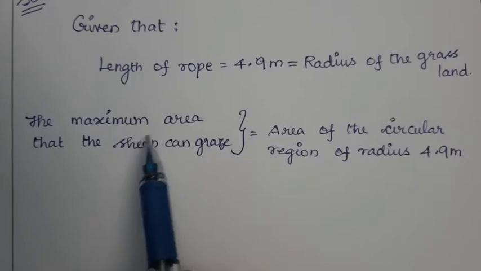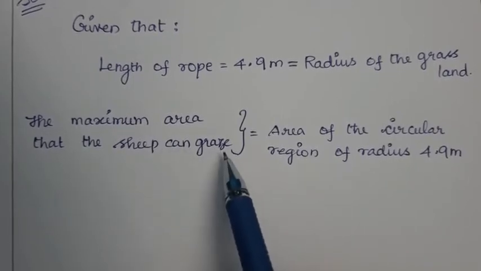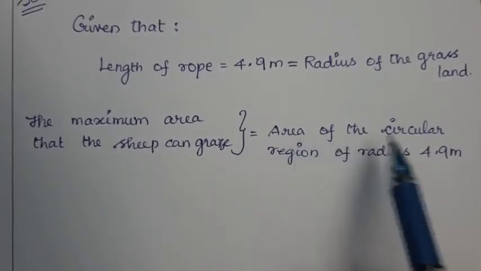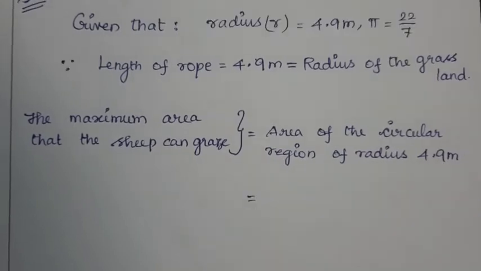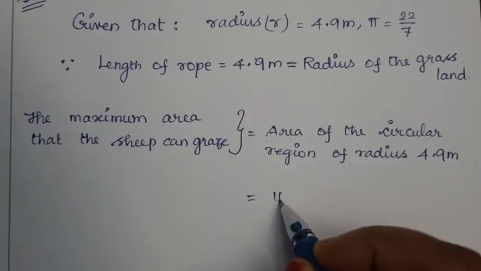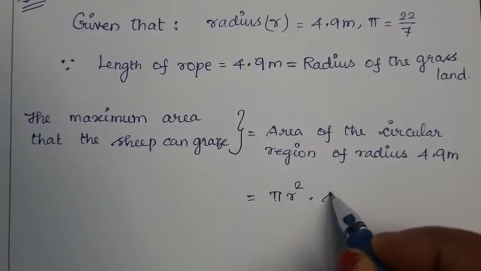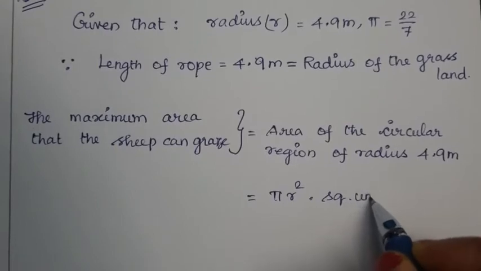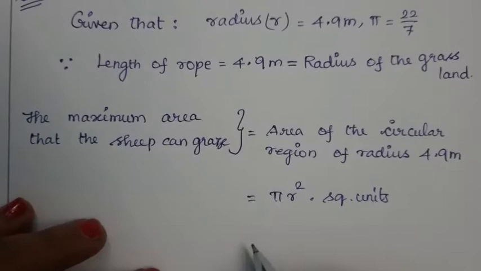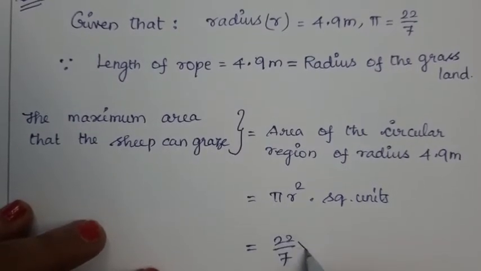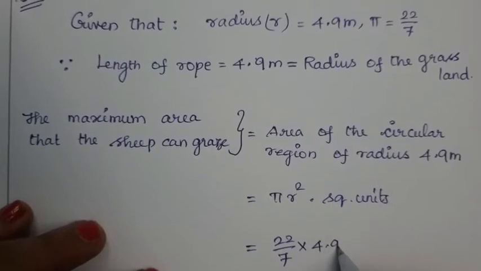To find the maximum area that the sheep can graze, which is equal to the area of the circular region of radius 4.9 meter. And we know that the formula for finding the area of the circle is pi r squared square units. 22 by 7 is the value of pi and 4.9 meter is the value of r.